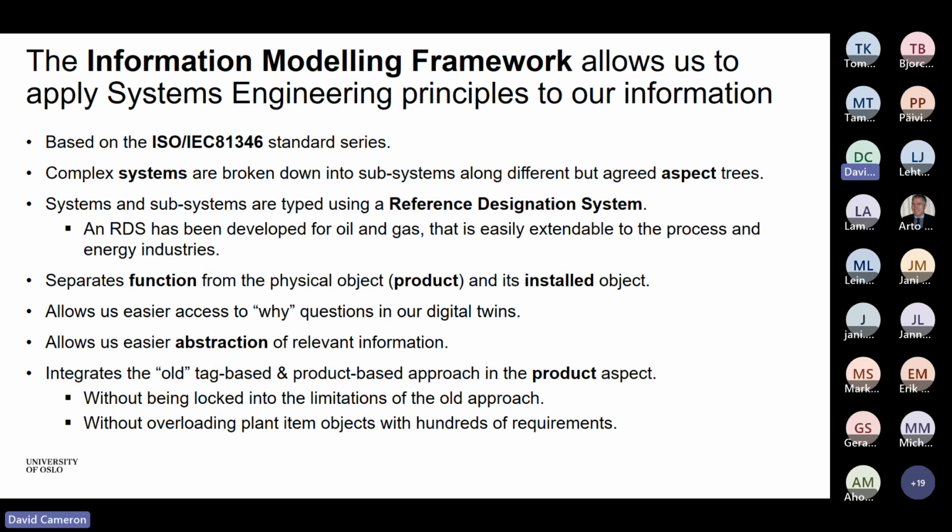A RDS has been developed for oil and gas, but it's easily extendable to process energy industries. And it has this aspect approach that allows you to separate function from a physical object. And we hope it gives us easier access to why questions in what we're doing. You can also incorporate an old tag-based or product-based approach into this product aspect.